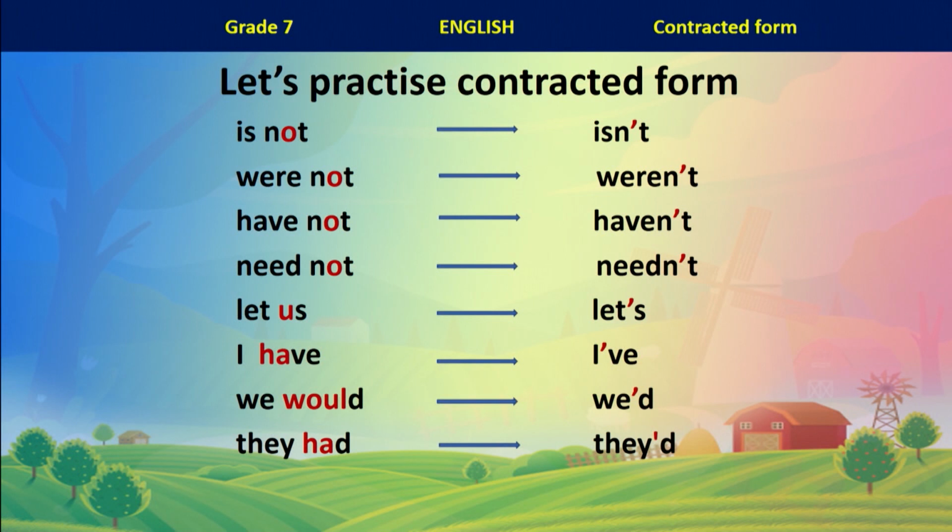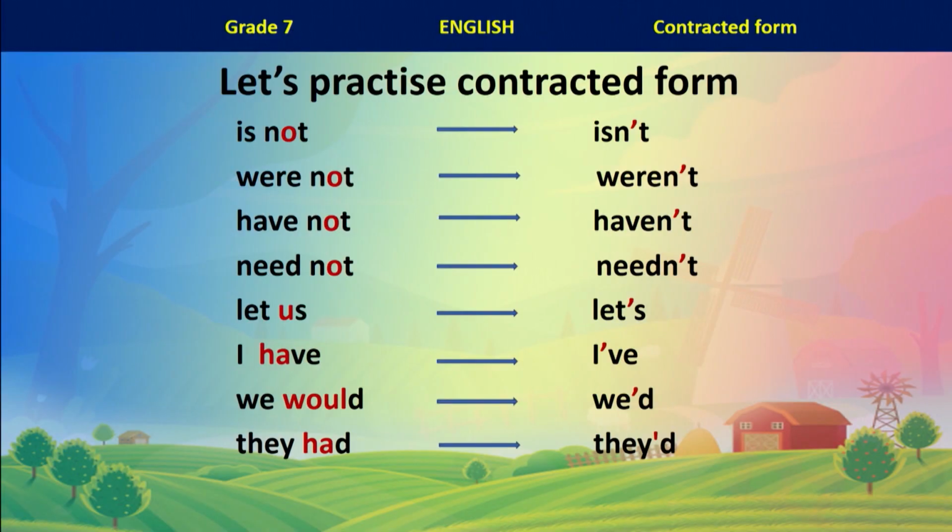In all of those sets of words, we removed only O. And in the next one, let's, we remove U. I have, I've. We would, we'd. Children, you can see we have removed 4 letters. Last one, they had, they'd.